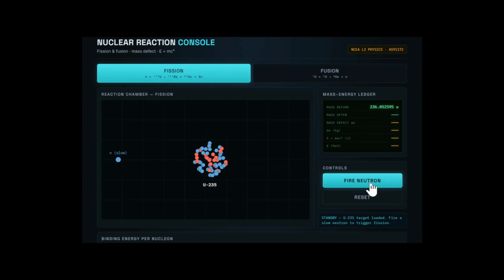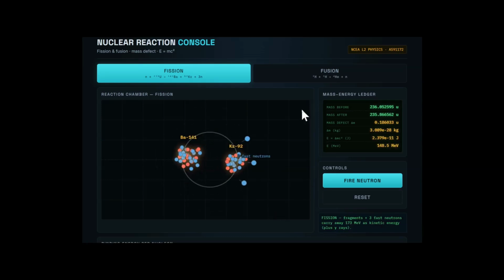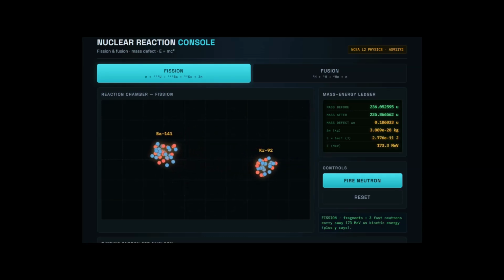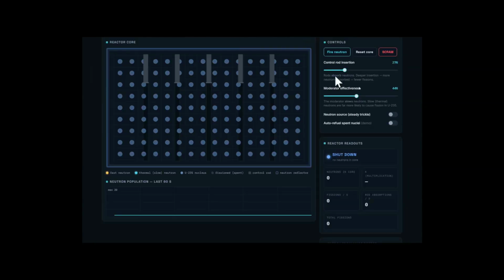So this is why it's a slow neutron. So the moderator hits it, we slow it down, and it releases a lot of heat. So nothing is currently going on in this reactor. But if we fire a neutron, we're going to get that chain reaction.